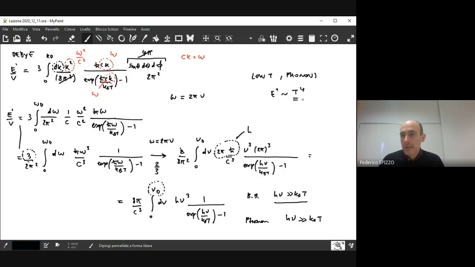And if you remember the black body case, also in that case, the total energy depends on T to the power of 4. You have the Stefan-Boltzmann law that tells you the relationship between the total energy that is stored in the cavity and the temperature. Also in that case, you have a T to the power of 4 relationship that relates the two quantities. Okay, so again, this was just to make this comparison between that situation and this situation.